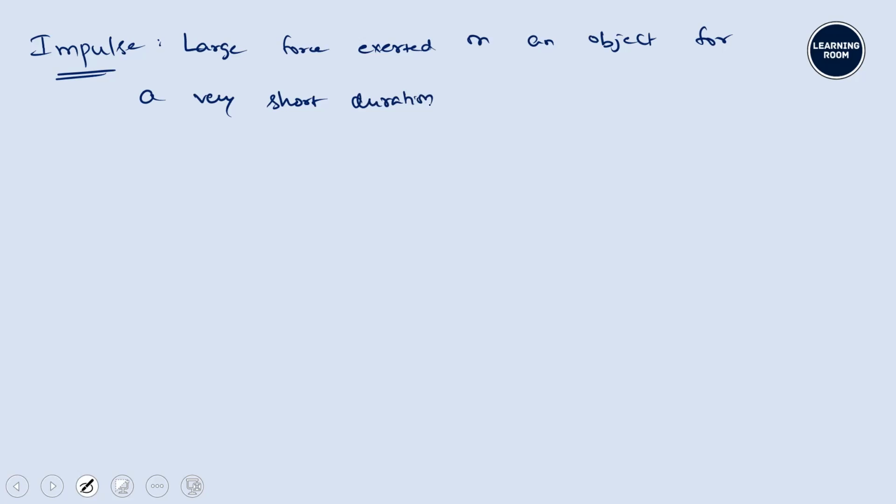So when a bullet strikes an object and just doesn't stay on the object for a long time, that is not called impulse, unless the object is actually scattering in pieces, like a blast. So, large force exerted on an object for a short duration.